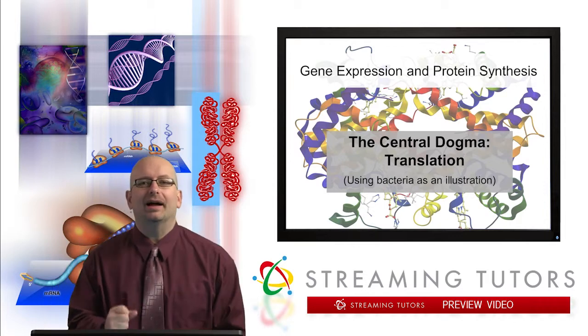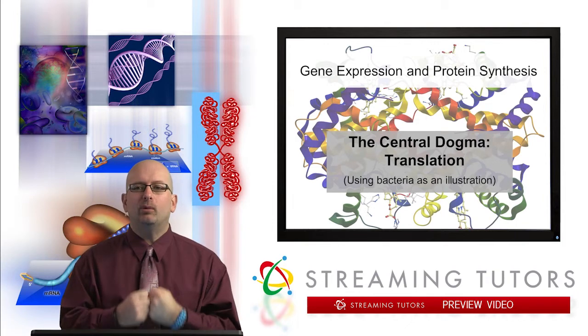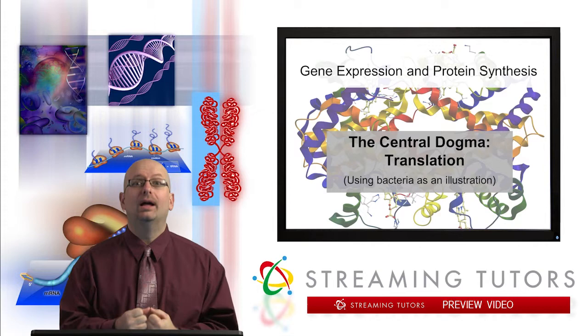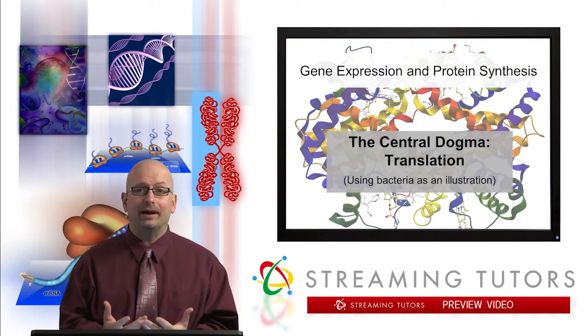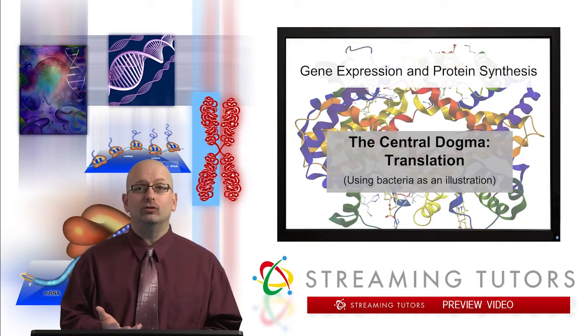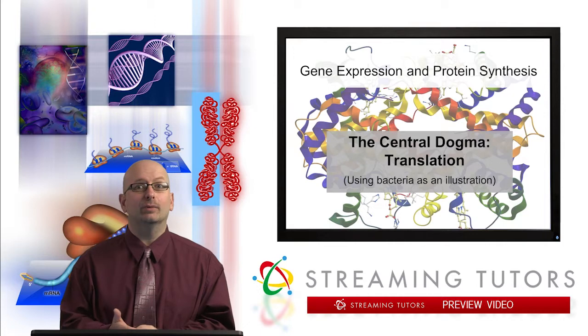In this session, a lot of things are going to come to fruition, or at least I certainly hope they will. We're finally to the point where we're going to see at the molecular level how translation occurs mechanistically. We've already got the concept down, and that's why I put the central dogma here, because we know that DNA information gets copied into RNA information, which we've already covered the mechanism of that.